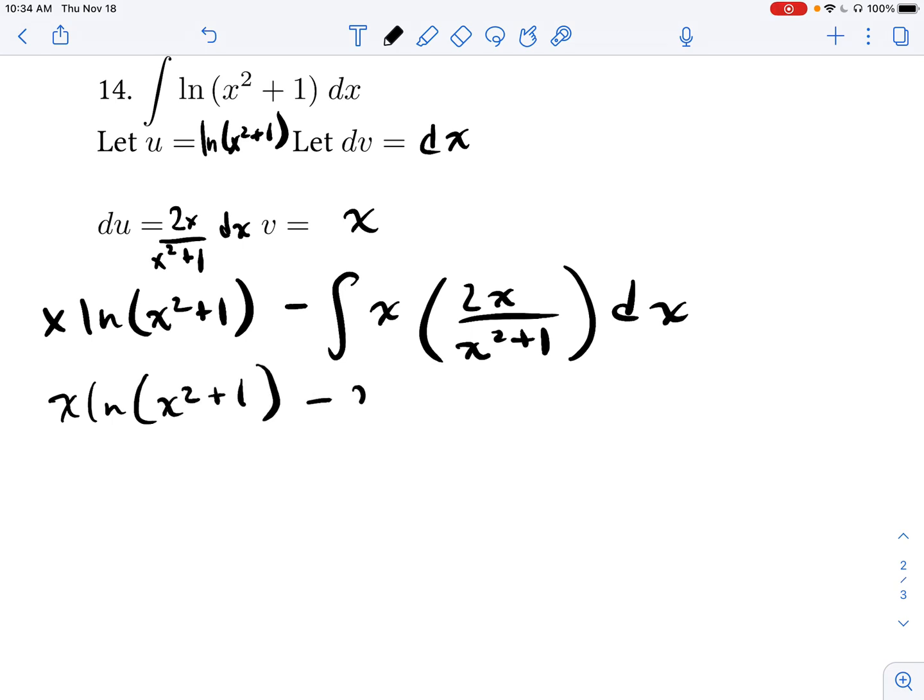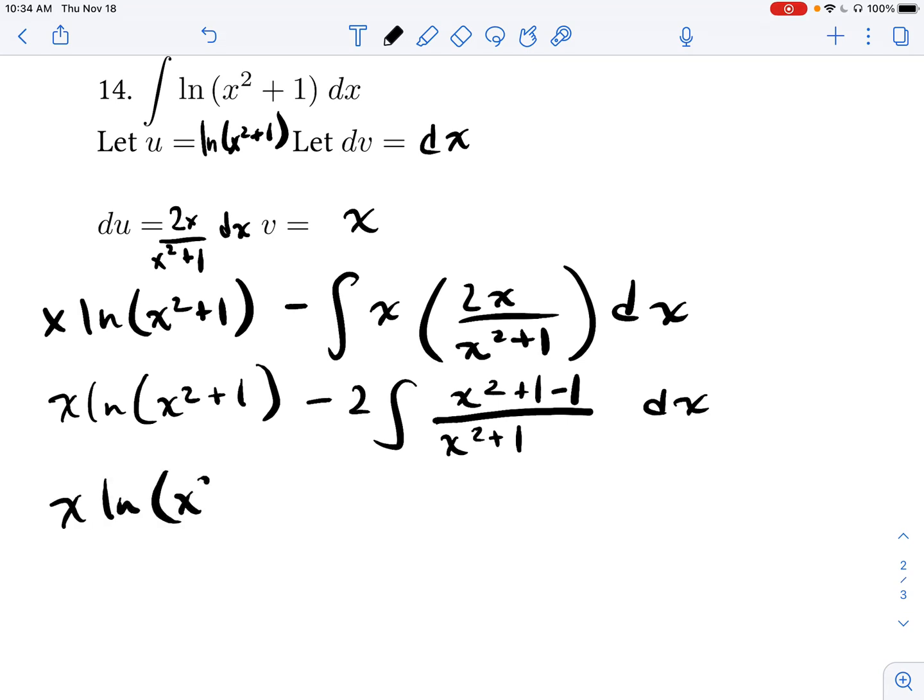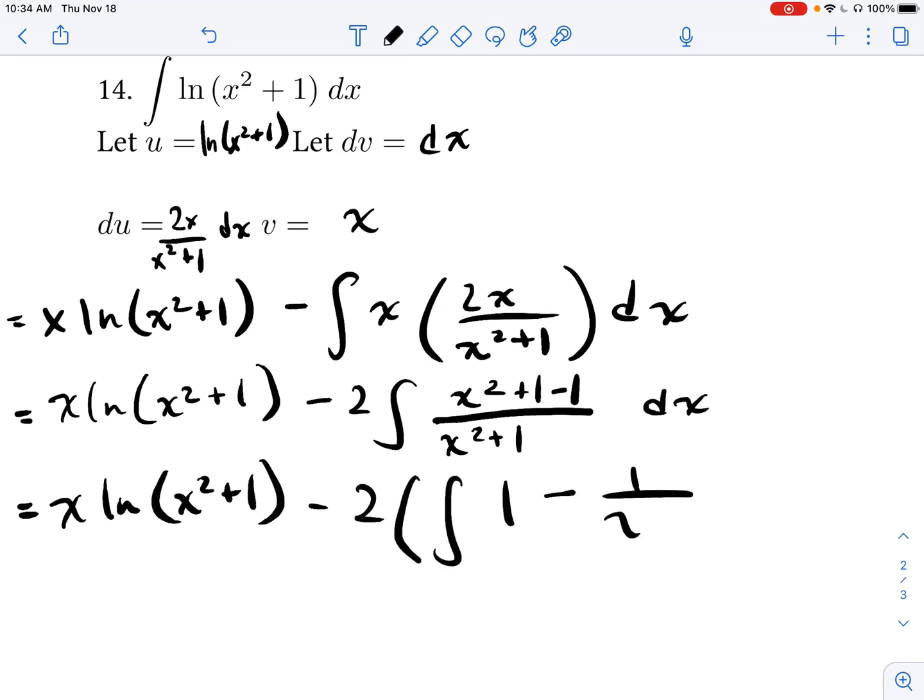So I'm going to move that 2 to the outside, so I have just x squared over x squared plus 1 dx. And similar to what we did in the previous problem, if I add 1 and subtract 1 here, this allows me to say the following: minus 2 times the integral of 1 minus 1 over x squared plus 1, all of that dx.